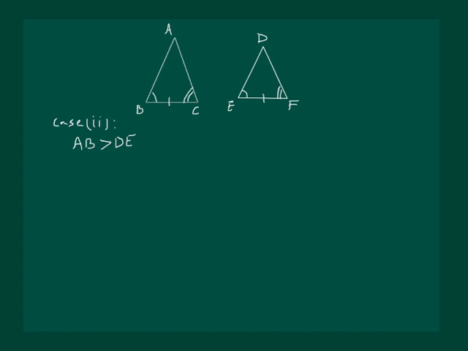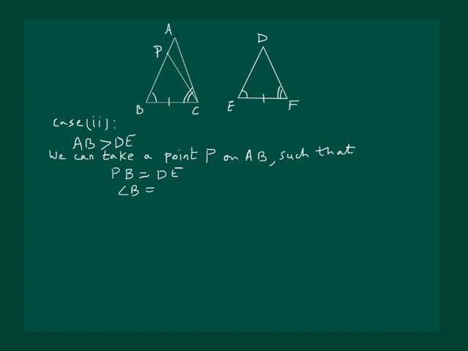If AB is greater than DE, then we can mark a point P such that PB is equal to DE. Also, it is given that angle B is equal to angle E and BC is equal to EF.